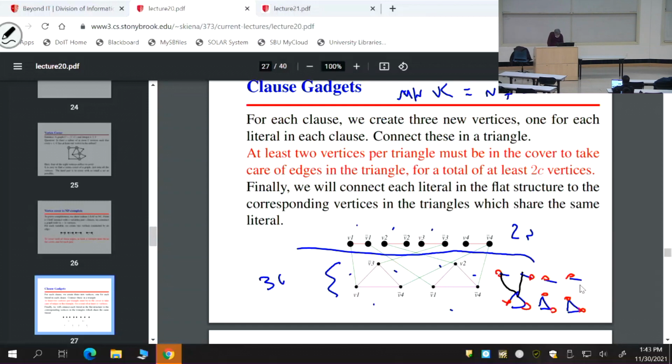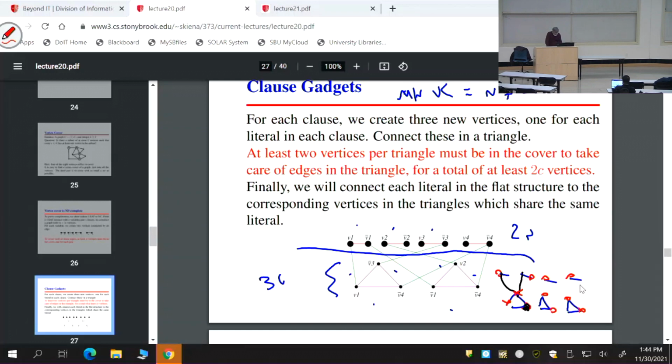What if I instead take this vertex out of the cover and add this one instead? Do you see now I've added another edge and the cover didn't go up? Okay. Those red things are still a vertex cover even though I add more edges, right?